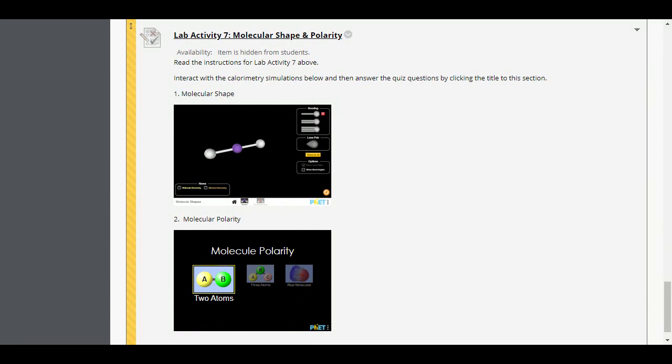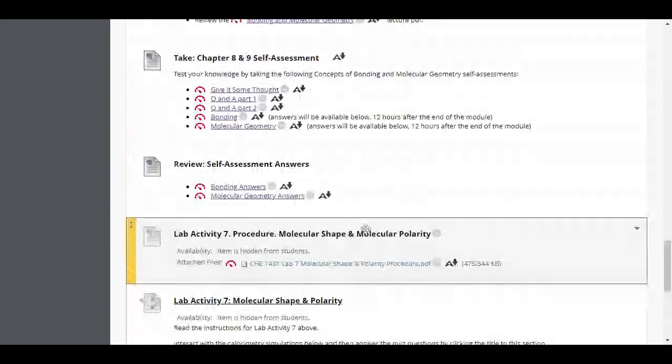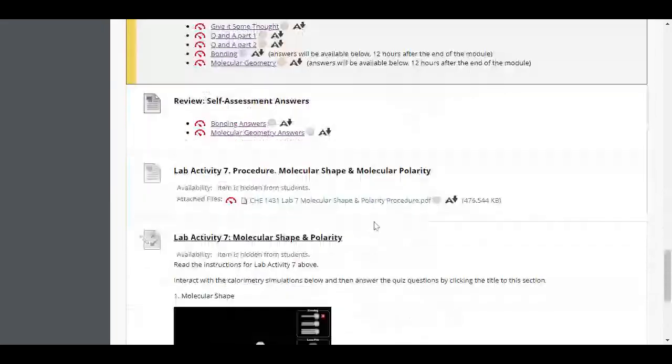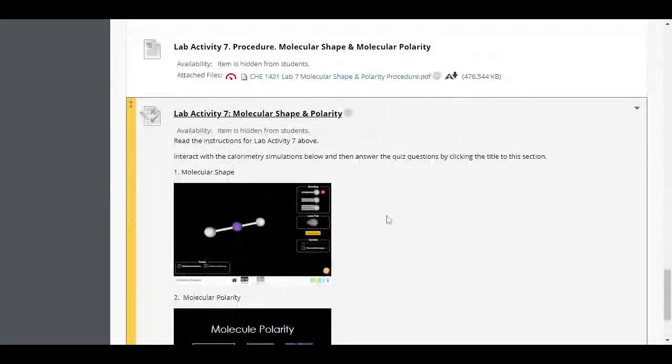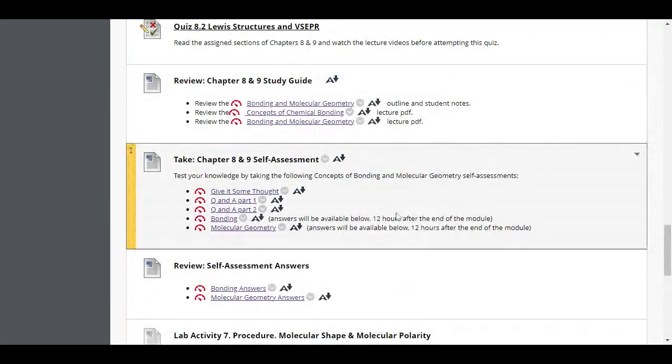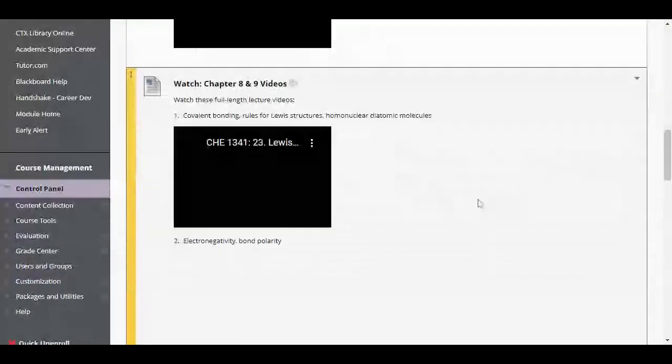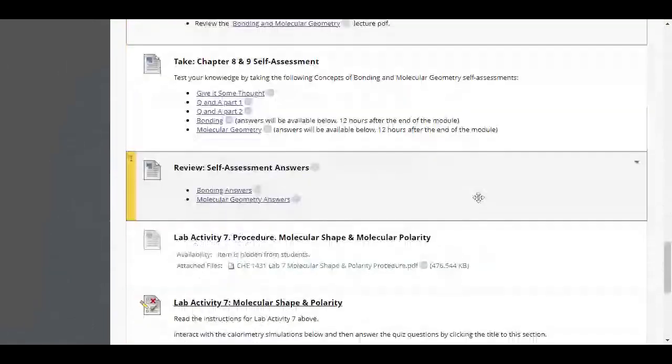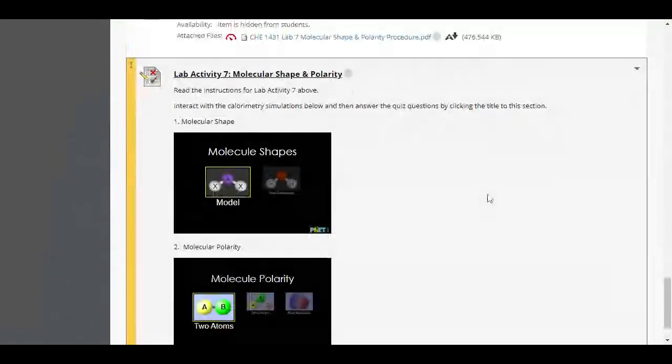Lab activity for this week. Oh, is that actually hidden? Oh, I'll switch that on. So this is also in our lecture class, as well as in the lab. So you can see it now.